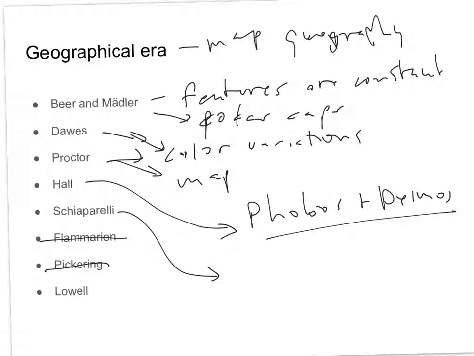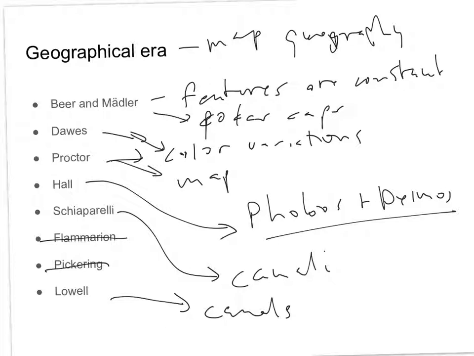He's Italian, and what very fateful term did he apply to features on Mars? Canali, which in Italian means either channel or canal. Lowell, of course, turned those into canals, and the rest is history.